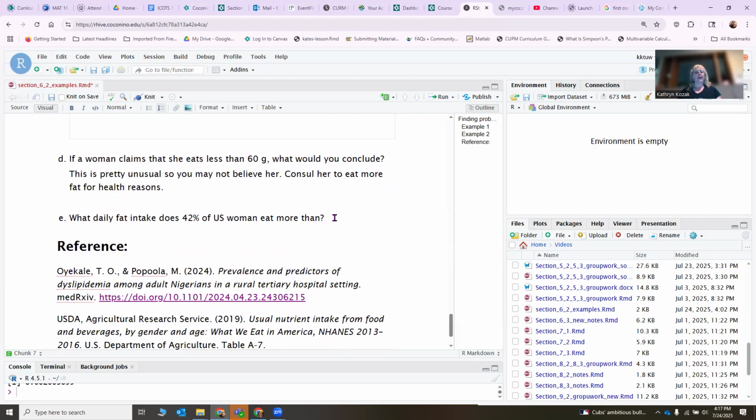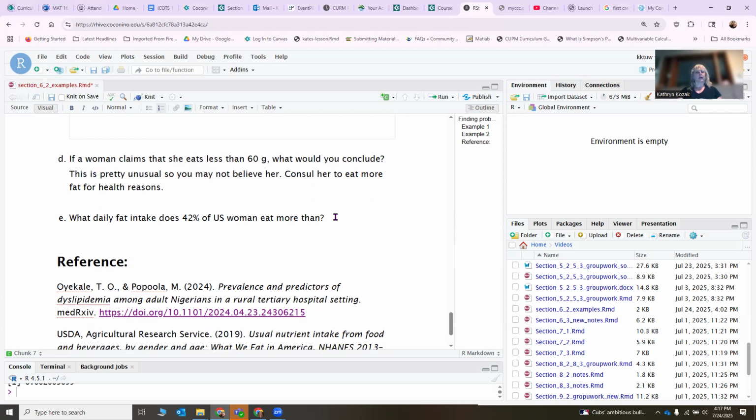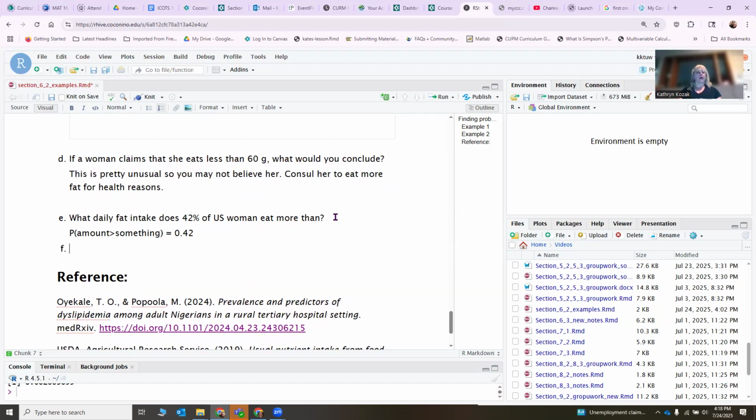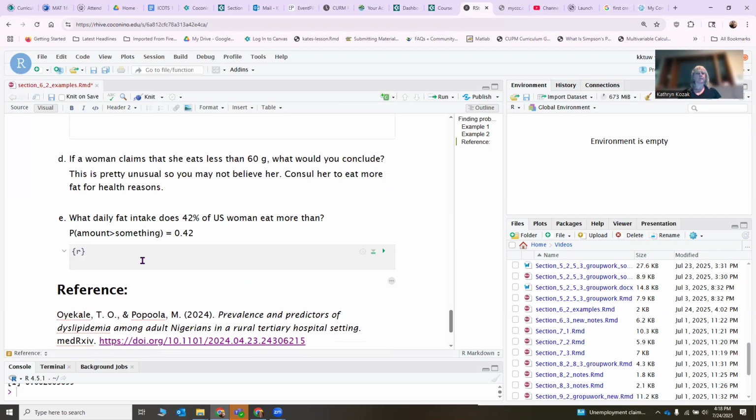Then what daily fat intake does 42% of US women eat more than? So we're looking again at, we've given you a probability and we want to find that value. So we want to find the value of the amount that is greater than something. And that probability we know to be 42%. So into my R chunk. This one again is using the Q norm.